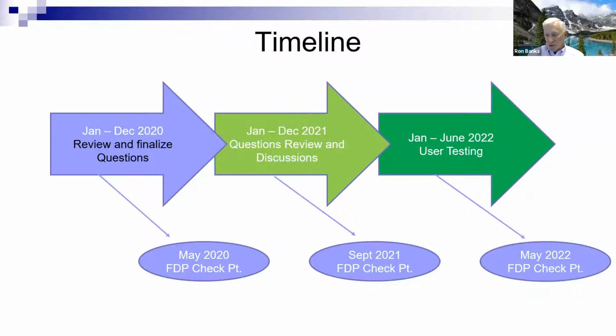But again, due to the list of things that were not forecast when we began this in 2019, with COVID and lifestyles and other surprises along the way, we've had to extend the timeline. So now it's our intent to continue reviewing questions and having discussions on those questions for the rest of this calendar year, and hope then during calendar year 22 to get into the phase of doing user testing of the UPT to think about ways in which it may be beneficial for the community.